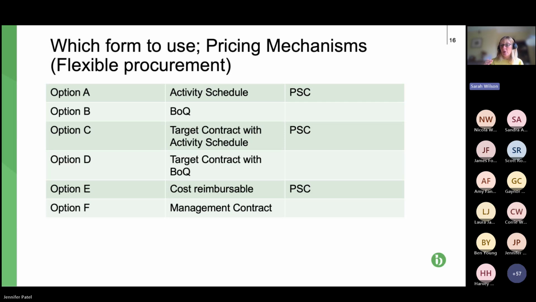If the cost paid as the contractor has carried out the work comes to 11 million, then you're in a gain situation. There's £1 million to be shared between the two parties. How is it shared? Well, the percentages will be set out in that contract data part 1 and part 2. The reverse applies, obviously, if you're in a pain situation. So that's very roughly how options C and D work.